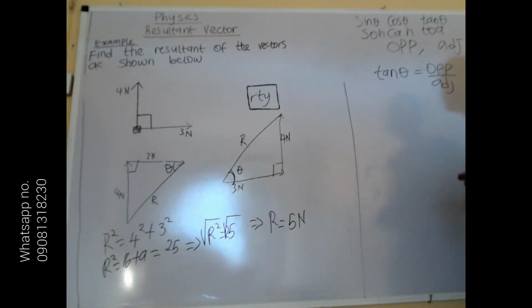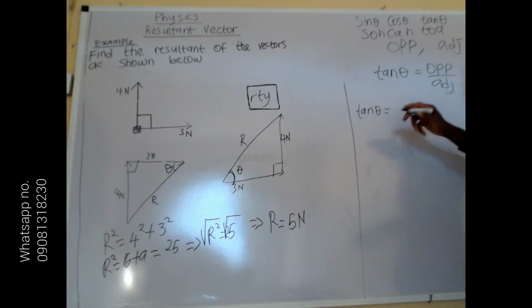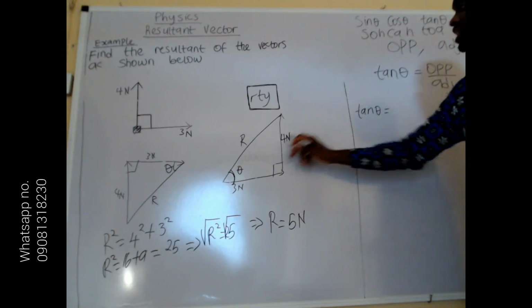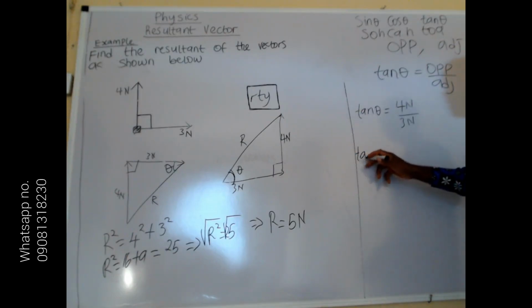Now, tan theta, our opposite is 4 Newton, while the adjacent side is 3 Newton. Now, to get your theta, you take arctan of both sides.